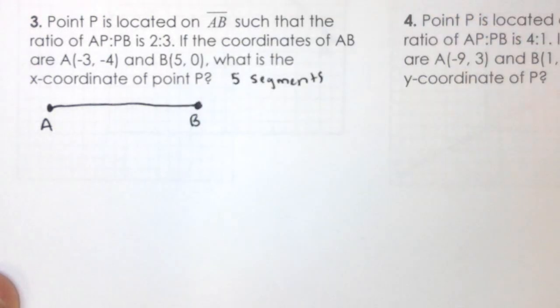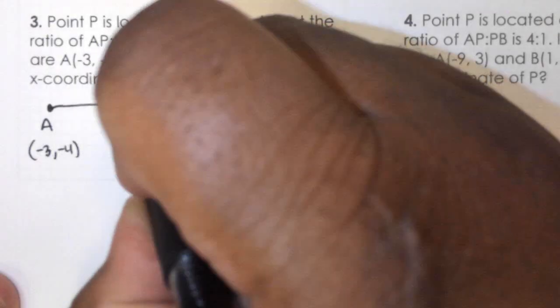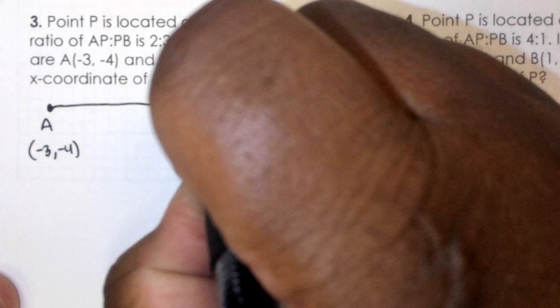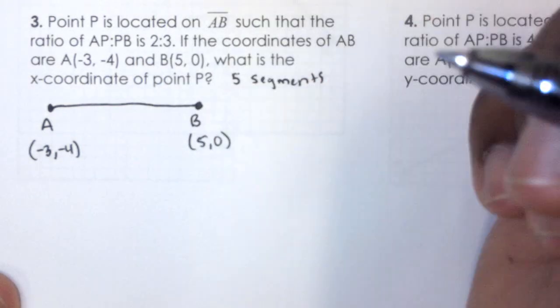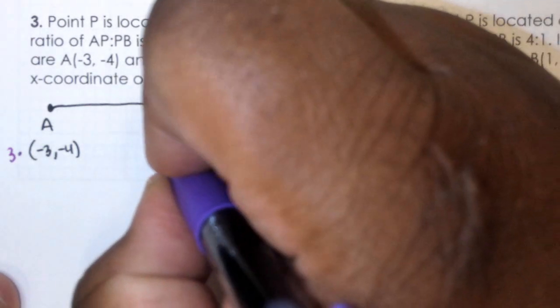Alright, so A to B. Point A is at -3, -4. B is at 5, 0. We're multiplying point A by 3 and point B by 2.